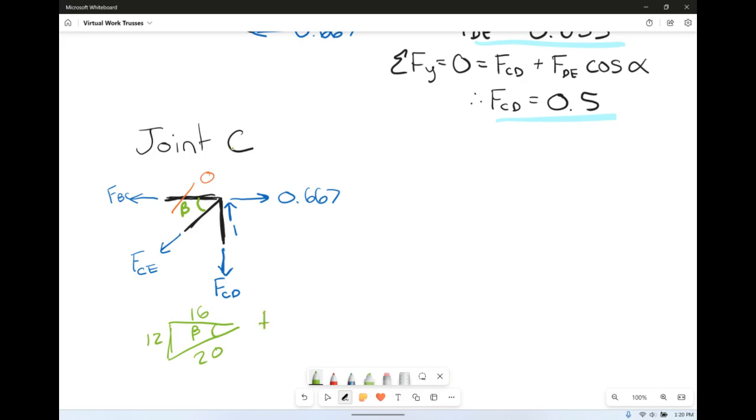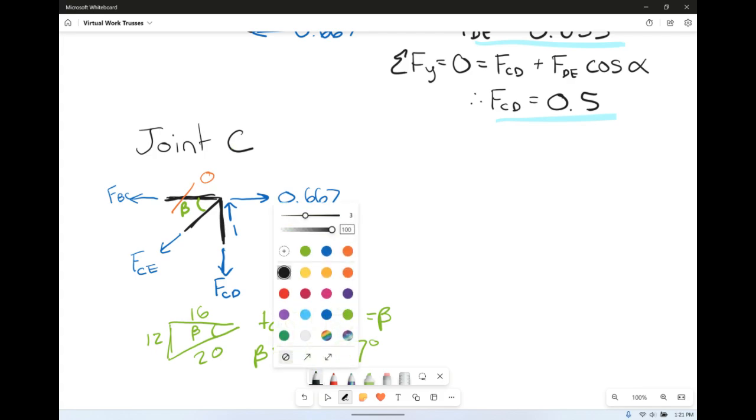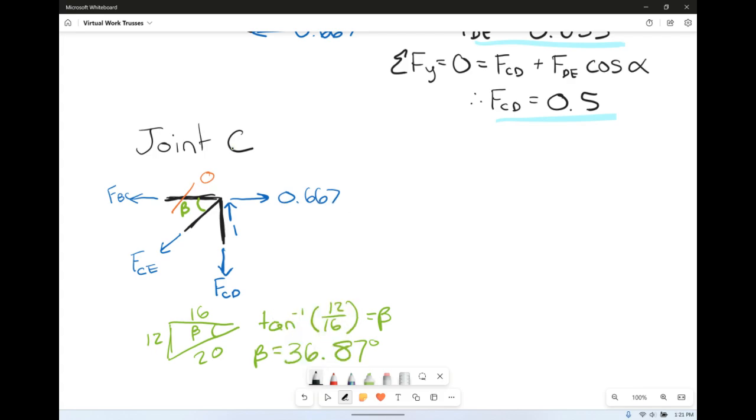So the arctangent of the opposite, which is 12 over the adjacent of 16, that's going to be beta. So beta is equal to 36.87 degrees.